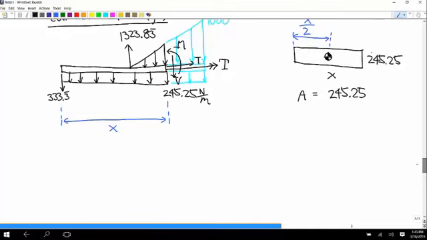Okay, what about the triangular load? Remember, it doesn't go all the way to x equals 0, but we're just trying to figure out the geometry of this triangle. What's the base of this triangle? Perfect, x minus 1. And how are we going to represent the height of that?